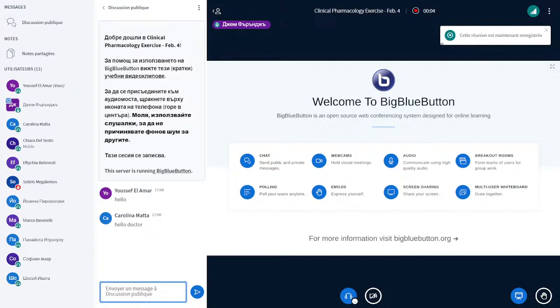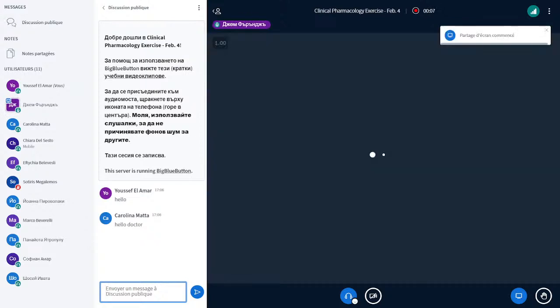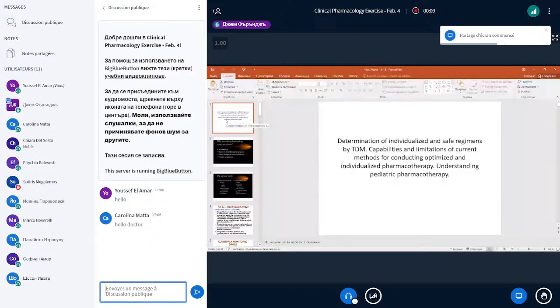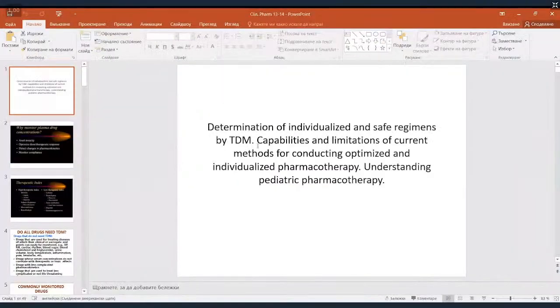Today's first topic is about therapeutic drug monitoring, also called TDM. Although it sounds a little bit complicated, it basically means measuring the drug's concentration in the patient's blood or plasma in order to determine the best possible dosage for this given patient.